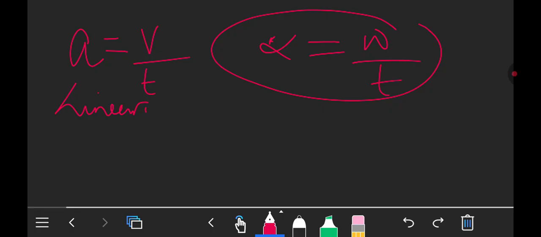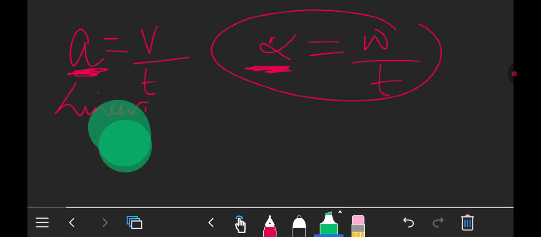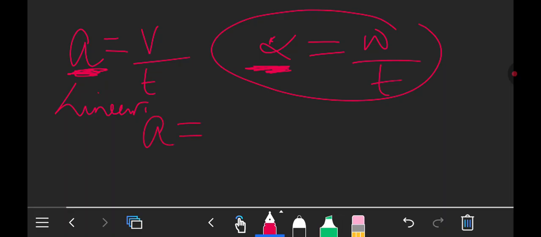Now let me do some manipulation to this formula so that I can get the relationship that exists between linear acceleration and also angular acceleration. So what can we do in order to get the exact value there? So this is what I'm going to do here. So we know that acceleration is equal to, with velocity there, this is linear velocity, right?